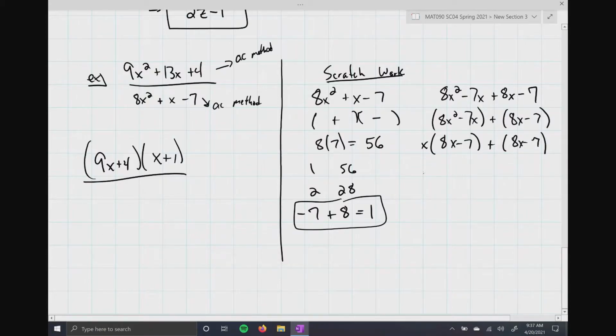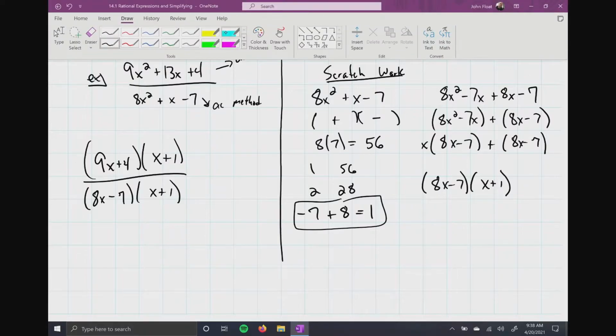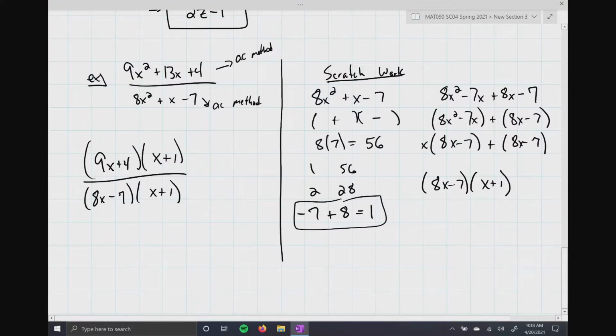So I can factor out 8x minus 7, and x plus 1 will be left over after I do my little factoring of the binomial. So I'm going to write that over on the left-hand side. All right. Now, I could clearly see that I have factors that are the same in the numerator and denominator. And it's going to be the x plus 1.